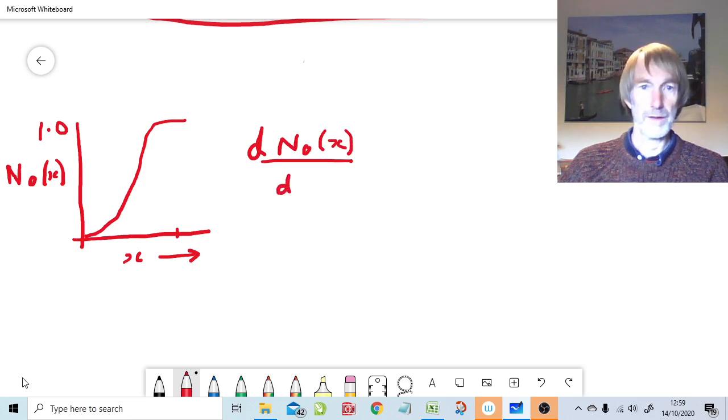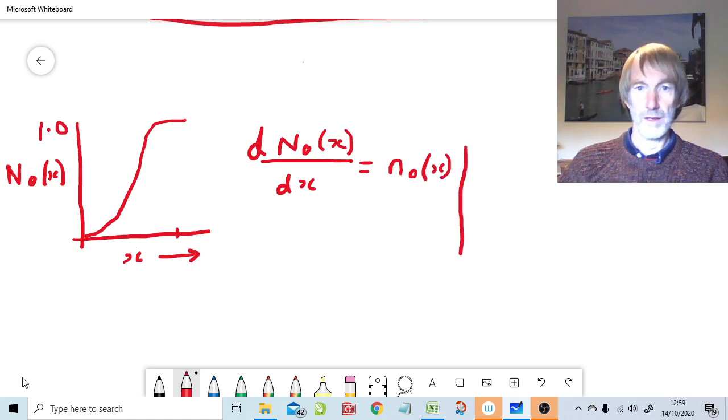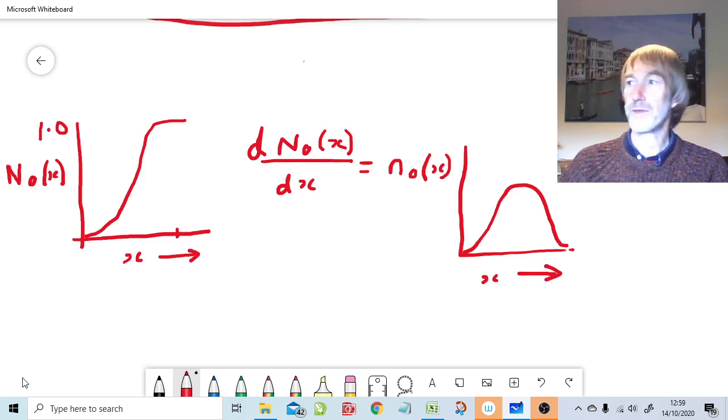That gives us the lowercase n0, which is going to be the differential curve, the relative number per micron range curve, which will look something like that.